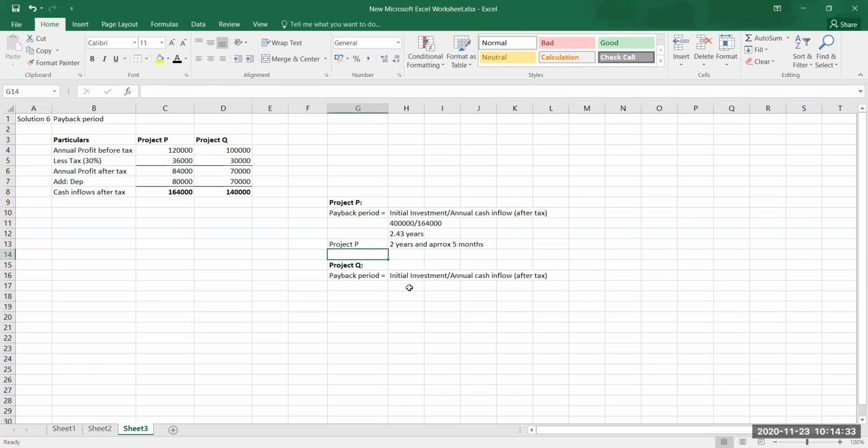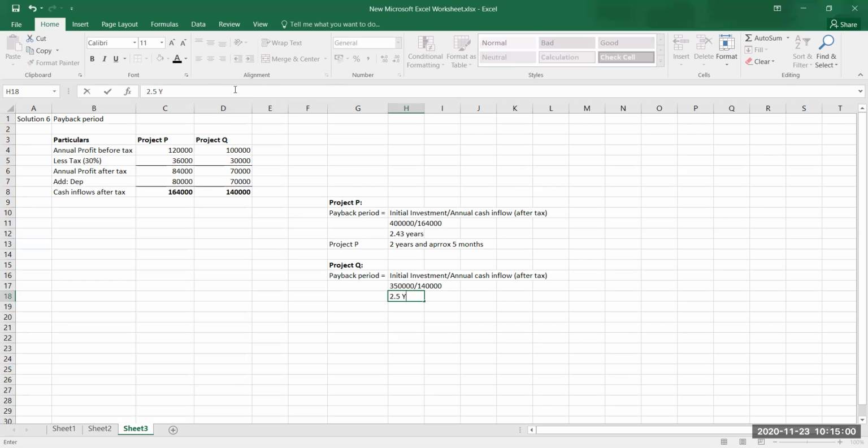Now we will calculate the same for project Q. The initial investment, the original investment of project Q, was 3,50,000, as given in the problem, divided by the annual cash inflows after tax, which we have already calculated: 1,40,000. So you will get 2.5 years.